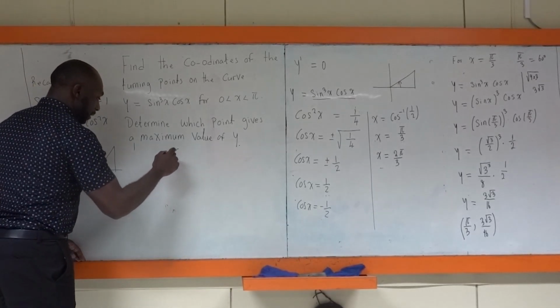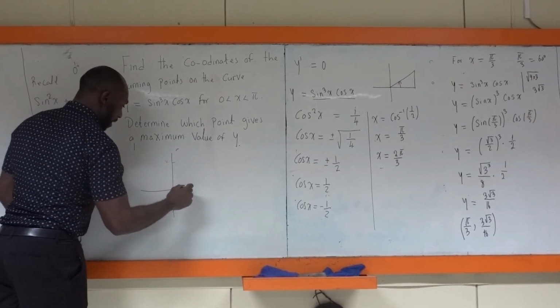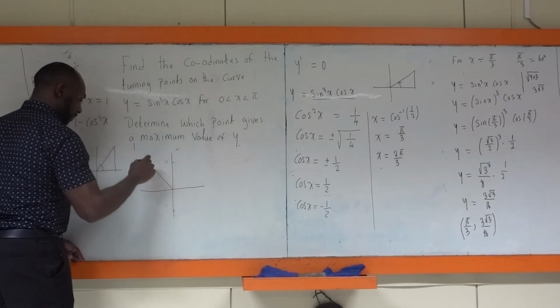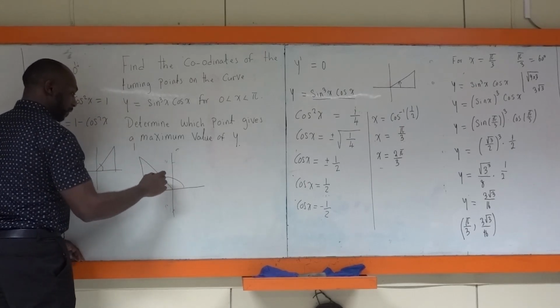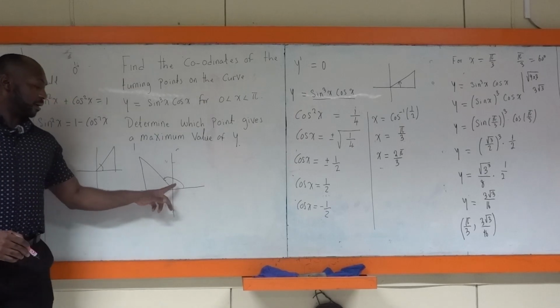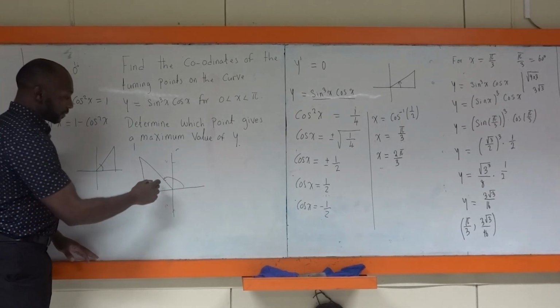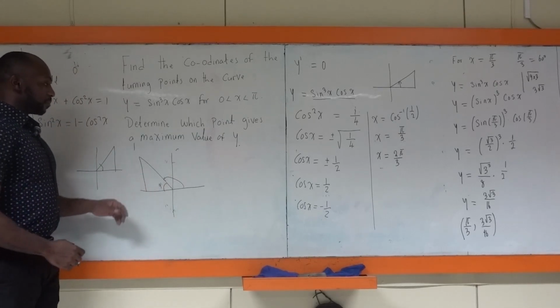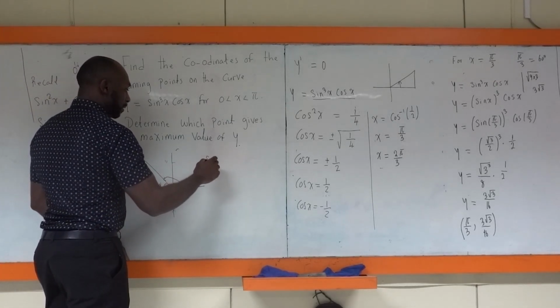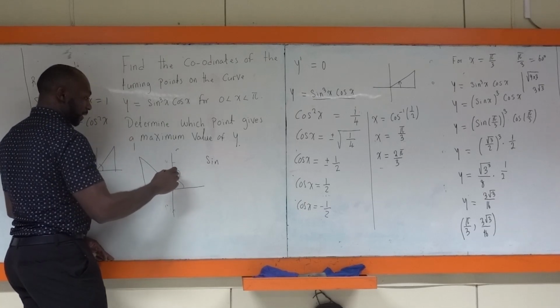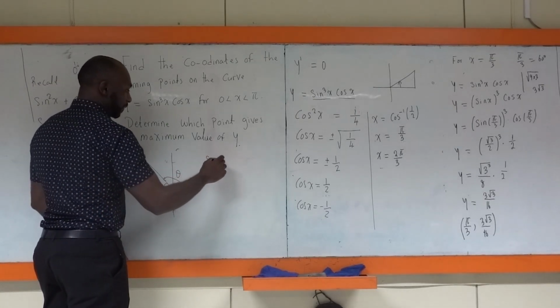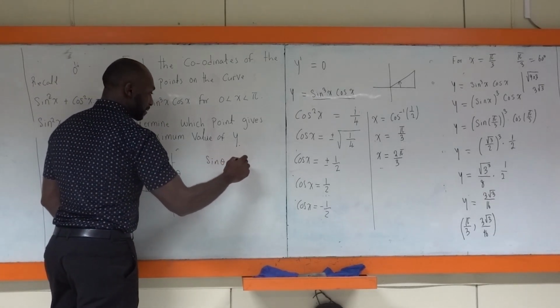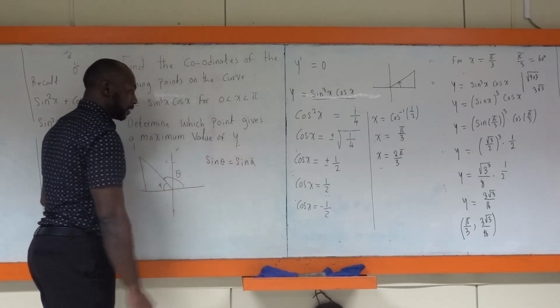Now, in the second quadrant, as we have studied right here, this angle is obtuse. And then we have to consider this associated angle, which is alpha. So remember, let's call this angle here theta. Sine of the angle theta is the same as positive sine of alpha.